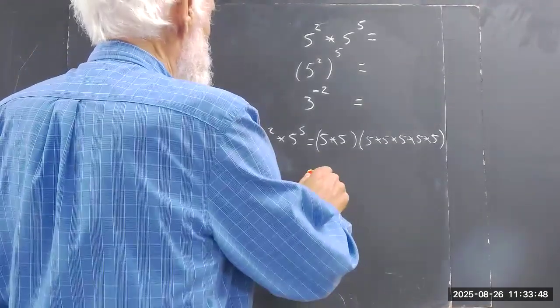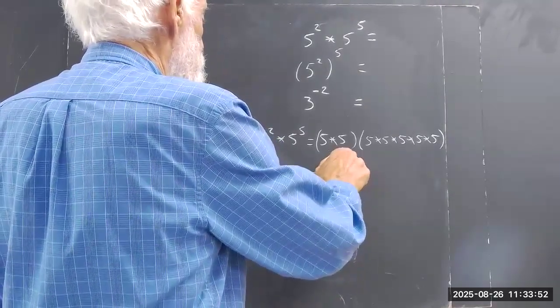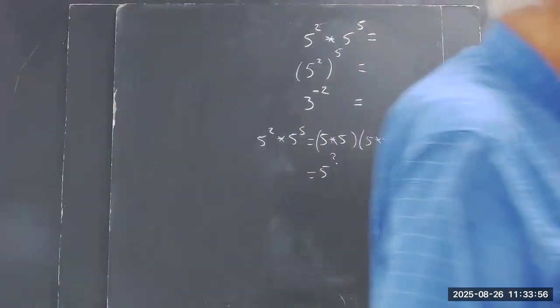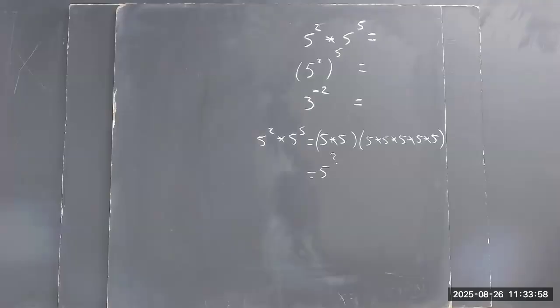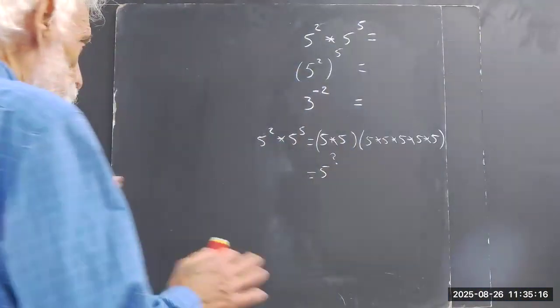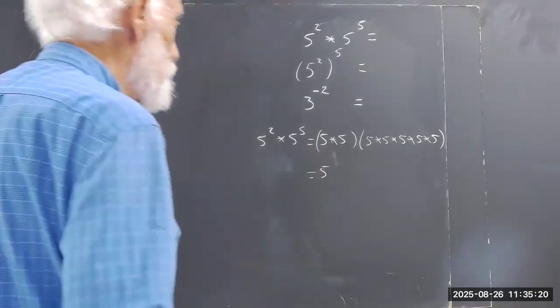And that equals 5 to what power? Write the answer down on your paper, just to make sure you're getting it. Most people are seeing the answer at this point.